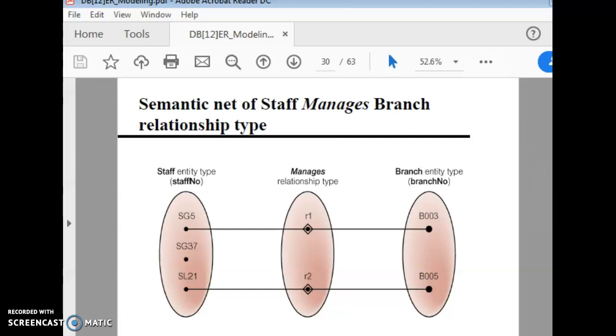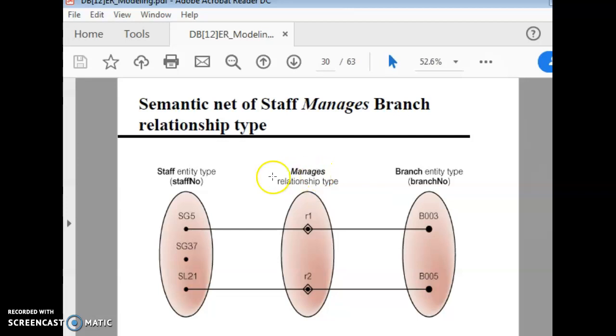This semantic net shows two occurrences of the manages relationship type, denoted as R1 and R2. So here R1 and R2 are relationship occurrences and manages is the relationship type.